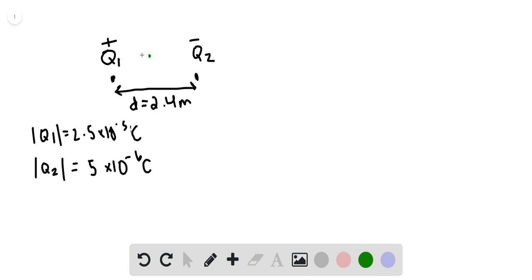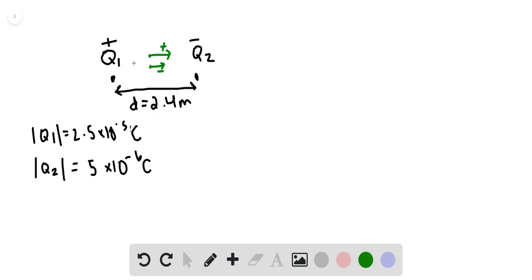The electric field due to Q1 is to the right, because electric fields always point away from positive point charges, and towards the point charge if it's negative. And so that's from the positive charge, and then here's the contribution from the negative charge, which is going to be a bit smaller because it's a smaller charge, but nonetheless to the right. And so everywhere in between, this is going to be true.